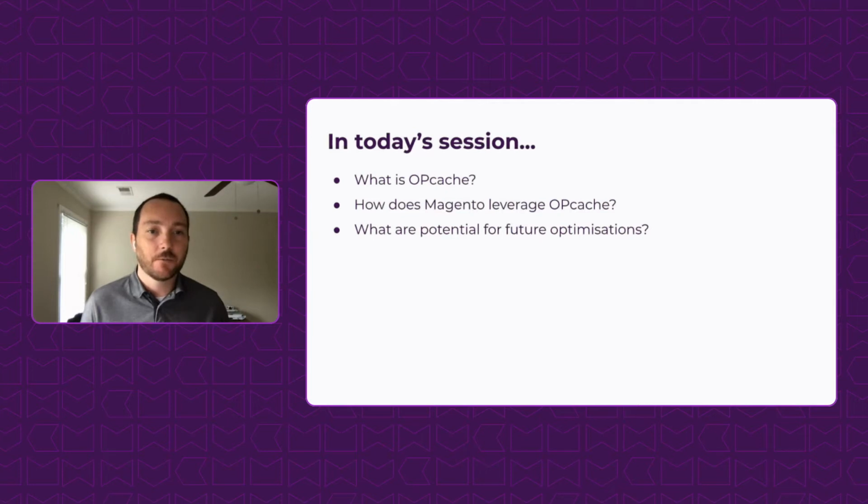So we'll take a look at what that actually is. Then we'll look at the performance benefits of having op cache enabled versus disabled, and how Magento actively utilizes op cache for performance. And then we'll wrap up with a dive into some potential future optimizations.